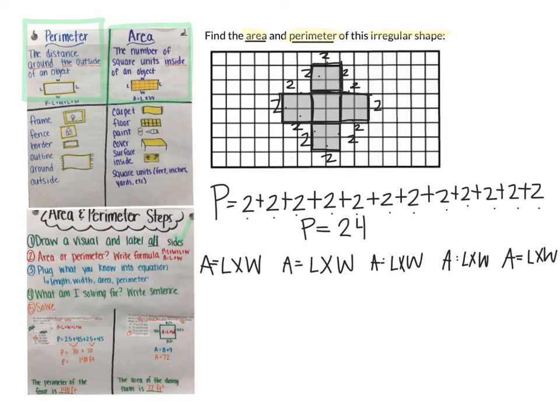Okay, plugging these dimensions into my formula is going to be really easy because, again, we have the same side length for each square.